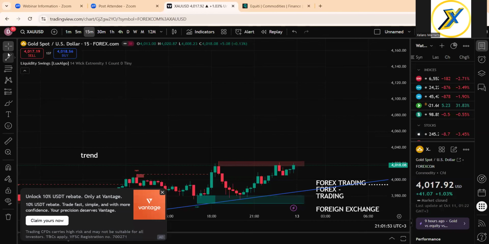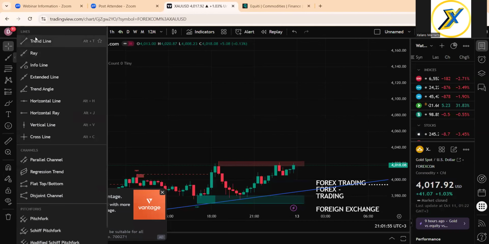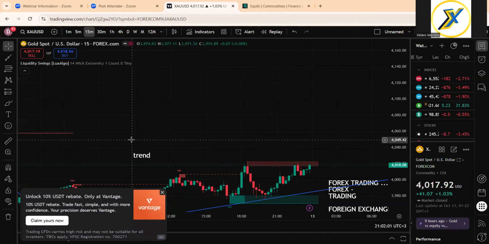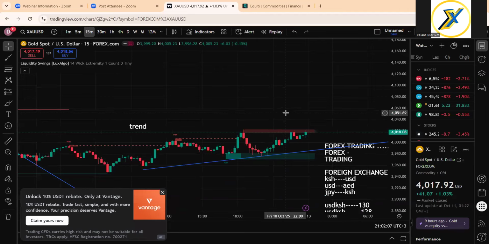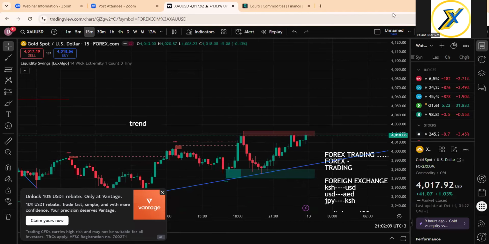Every time the market is moving, it creates what we call lower lows and lower highs.